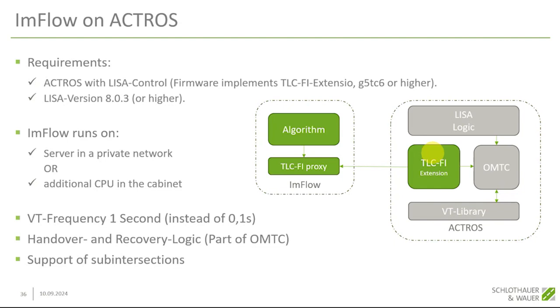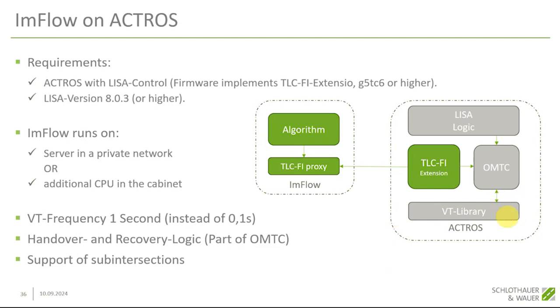In the case of the Actros, how does that work? The Actros controller is actually running a Lisa logic, an OMTC style control, and this control then hands over or activates what is called a TLCFI extension.